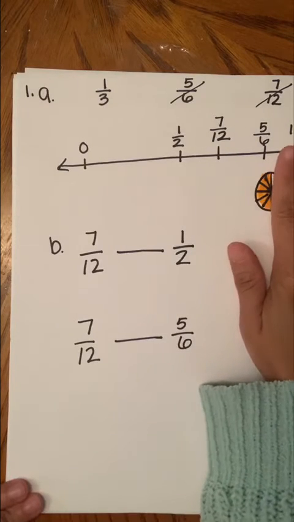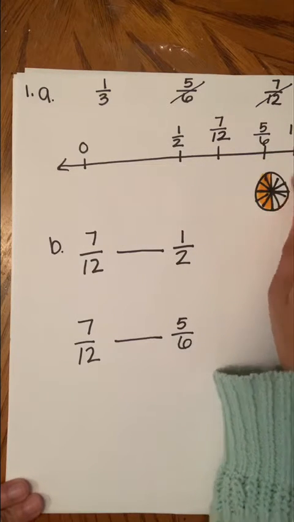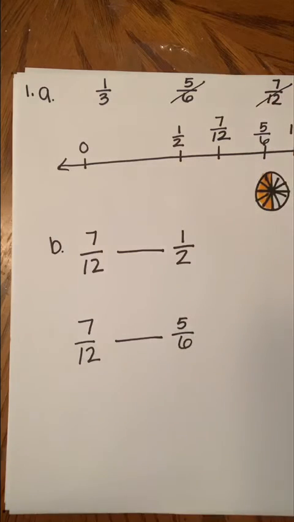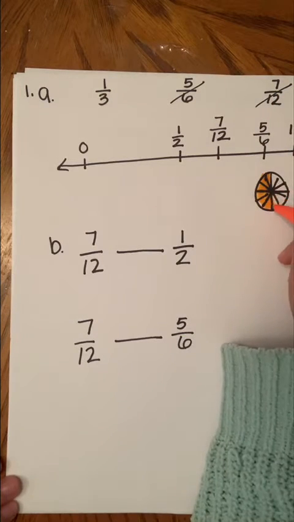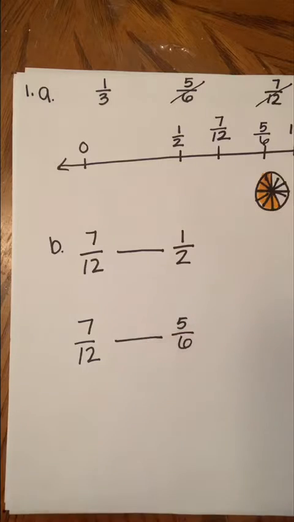Half of the cookie is 6/12, but this is 7/12. So is it more than half? Yeah, it is, right? Does that make sense?